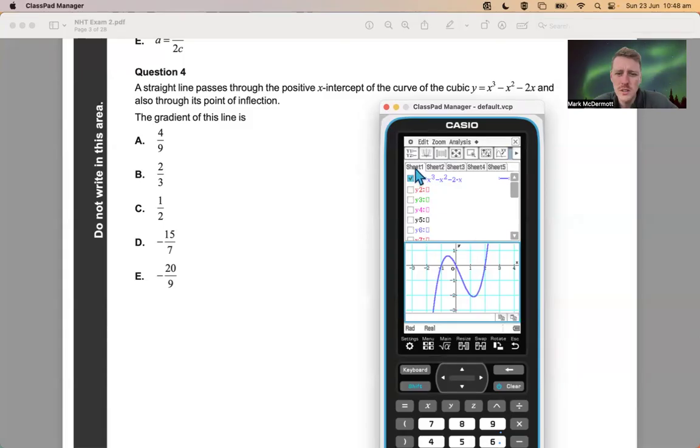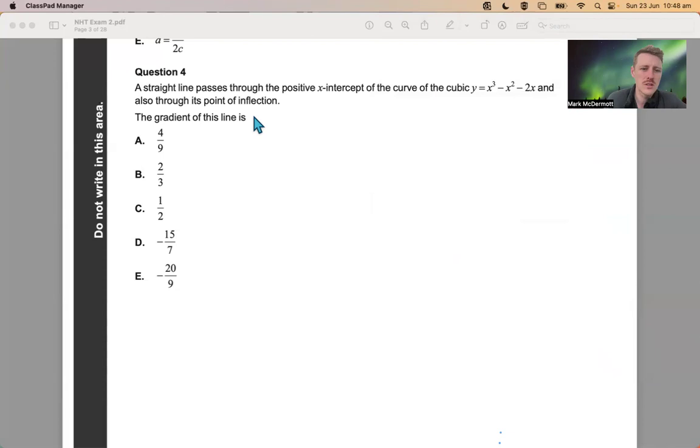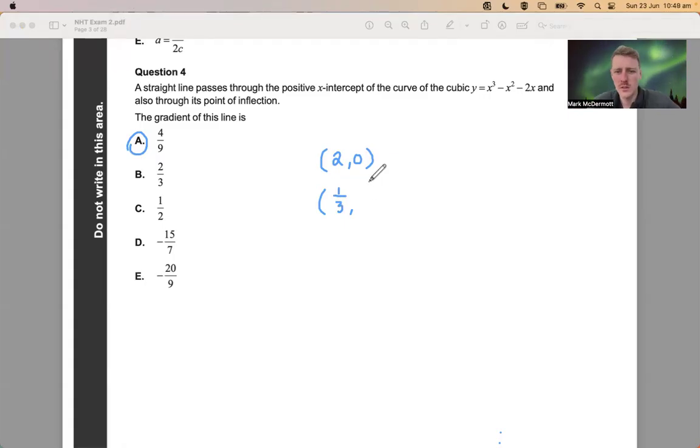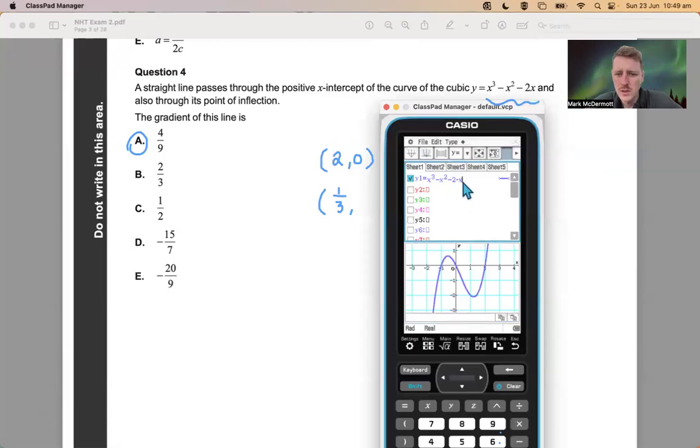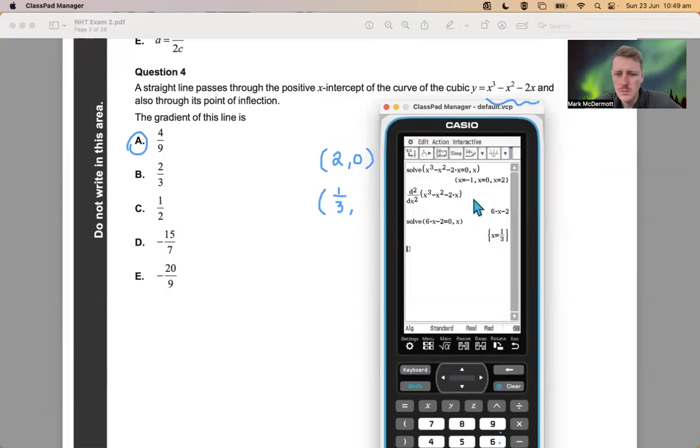Okay, so basically we have the following situation. We know the line needs to go through these two points. I think the answer is this, by the way: it needs to go through the point (2, 0), and it needs to go through the point at x equals 1/3. So f of 1/3, essentially when you substitute 1/3 in here. Let's go back to the calculator quickly. Go back to the menu, main.